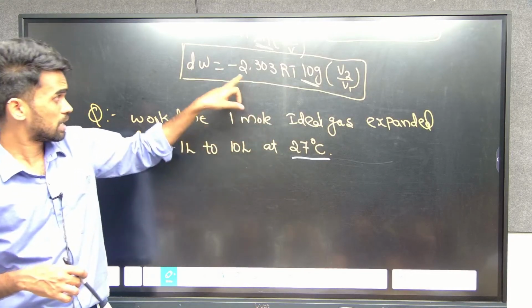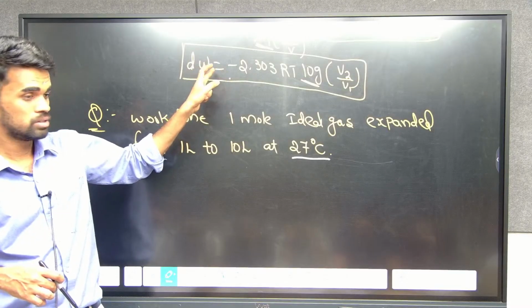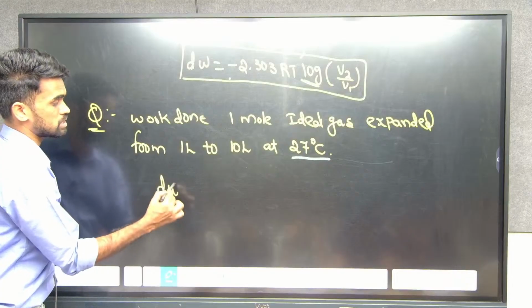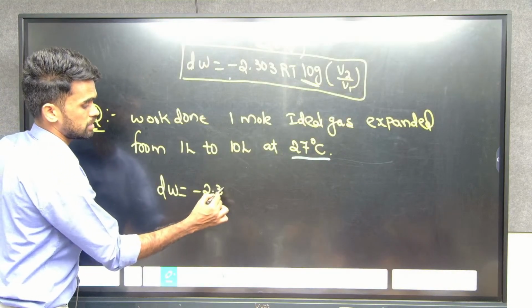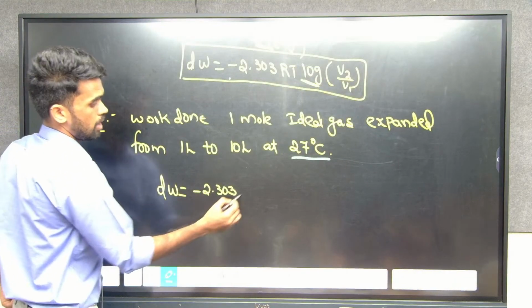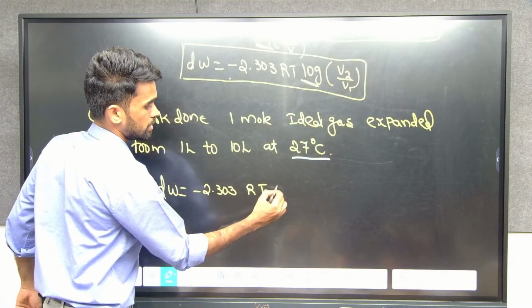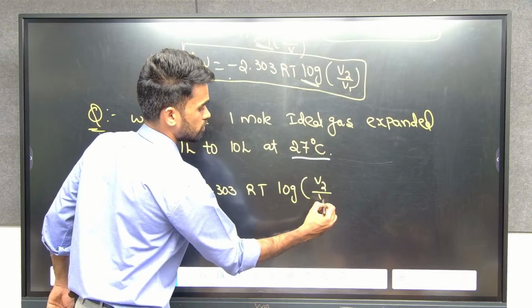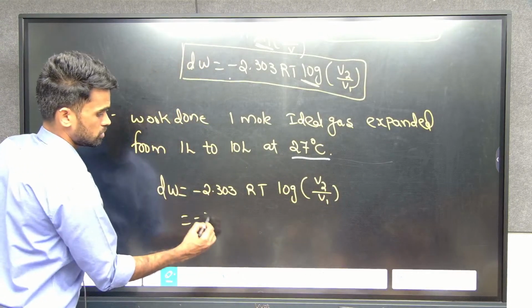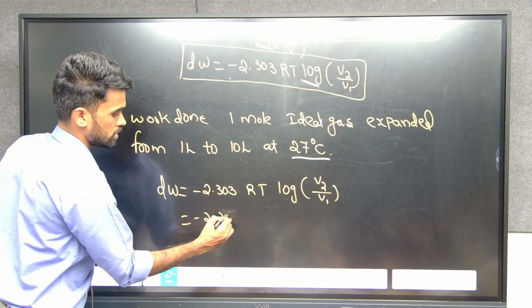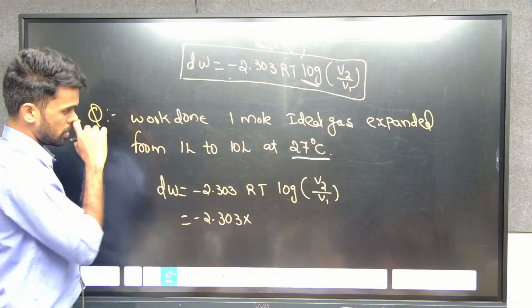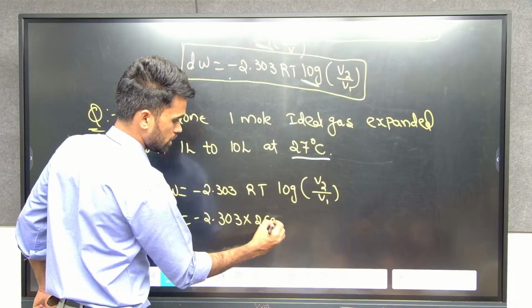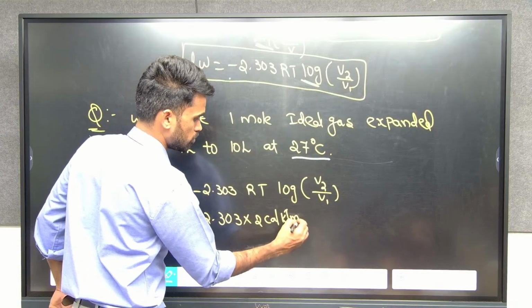So how can you calculate work done in an isothermal process? What is the formula to use? dW equals minus 2.303 RT log V2 by V1. Let us do this in calories for simplification. R is 2 calorie per Kelvin per mole.